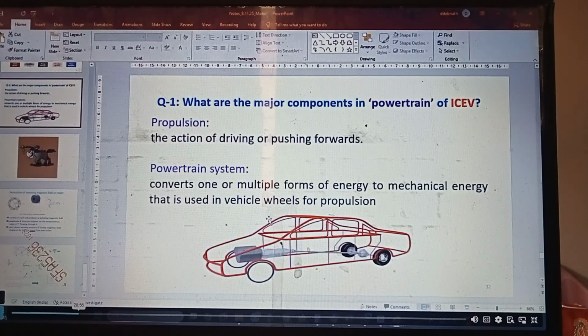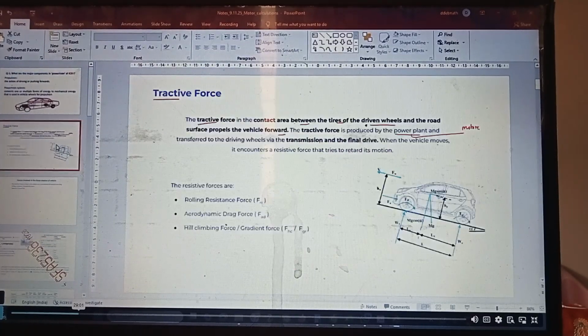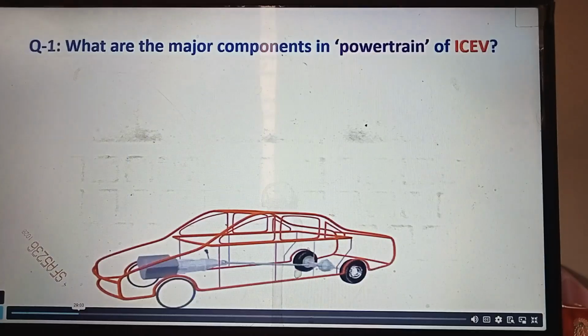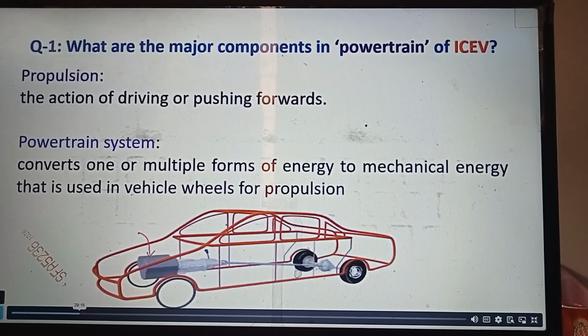So this is a quick discussion in case you have forgotten, or just to keep our flow on the same line. Typically for an IC engine vehicle, we are going to have an IC engine, but in EV we will have a motor, and then a transmission unit.